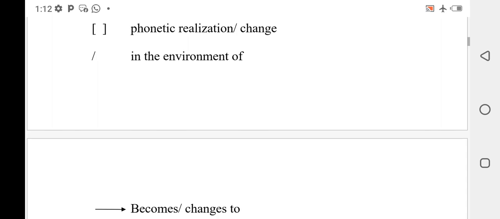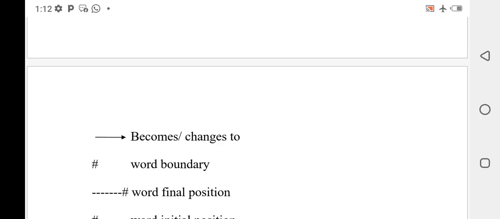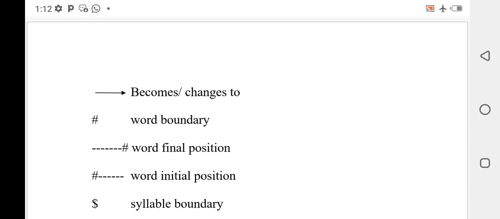When it is occurring in the environment of another phoneme, you put one slash bracket. When there is a change in it, becomes or changes to, you show the arrow pointing to what it is changing to. So this is the word boundary, the hashtag. Dashes before the word boundary show that there are words before the word boundary.